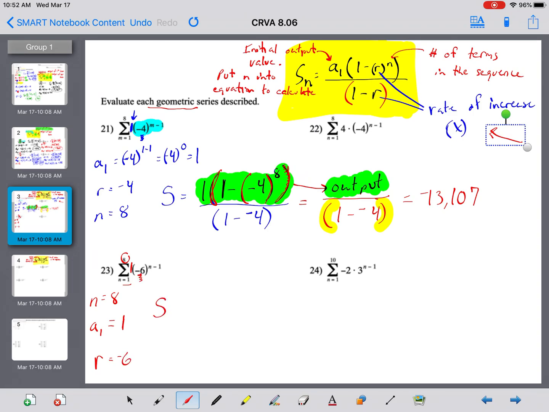So to get our output, to get the sum of these 8 terms, we take 1, which is our initial value, times 1 minus, because that's what the formula always is, our rate, which is negative 6. Notice I'm putting that negative 6 in parentheses, and then raising it to the number of terms, which is 8. And then I close off my parentheses, and I'll punch this into the calculator now.